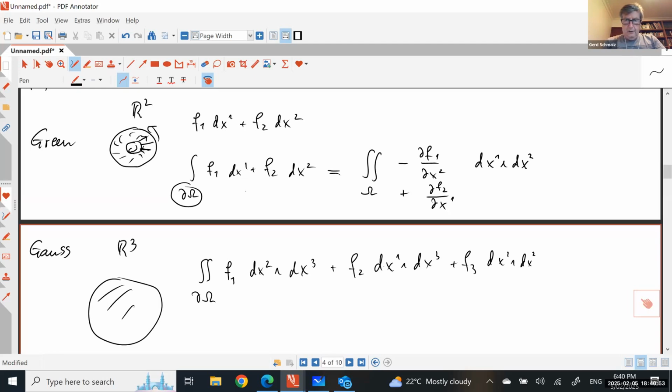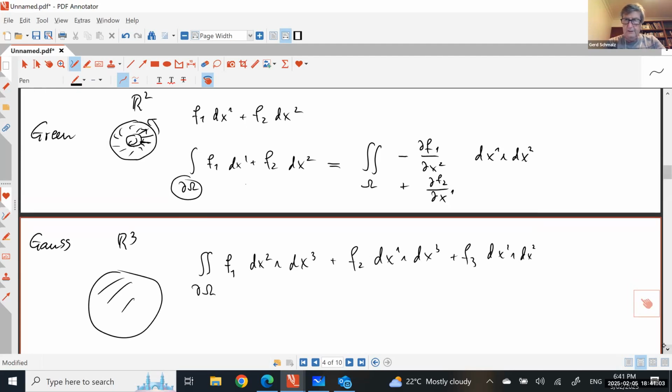Sometimes people put dx3 in front of dx1, then that f2 has the opposite sign.